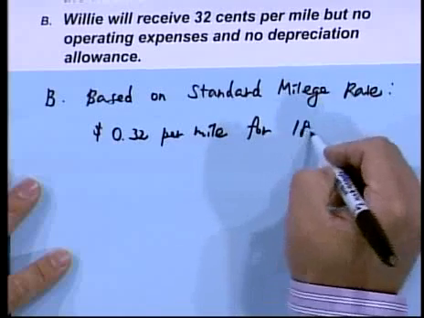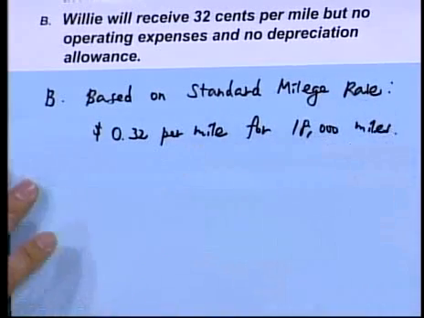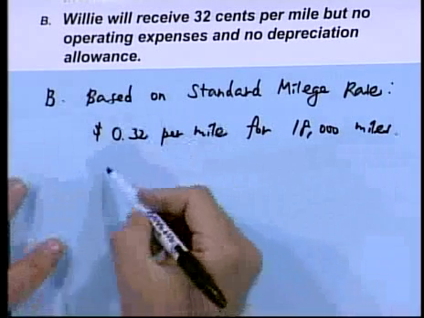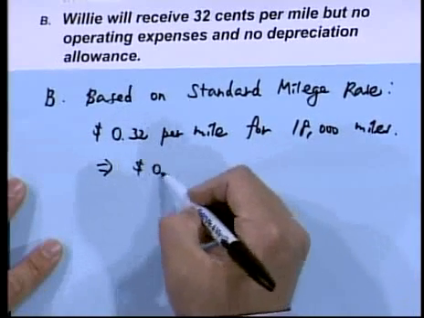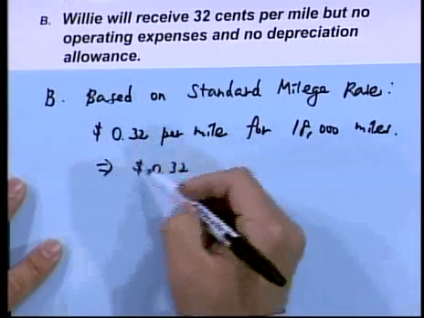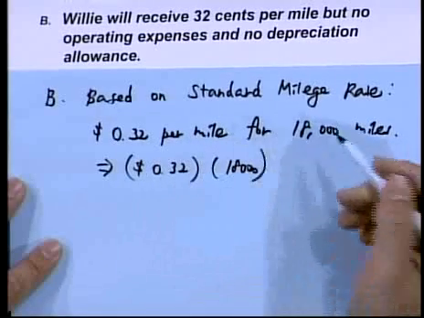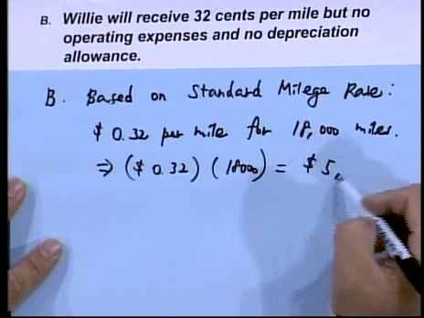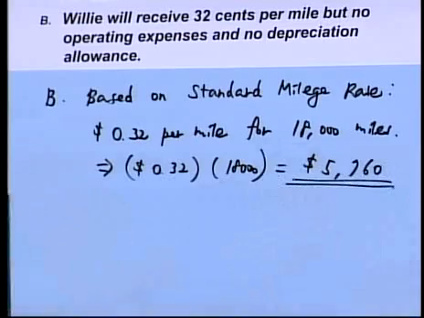For 18,000 miles, according to the description. So the required calculation is 0.32 times 18,000 miles, which is $5,760. Okay?